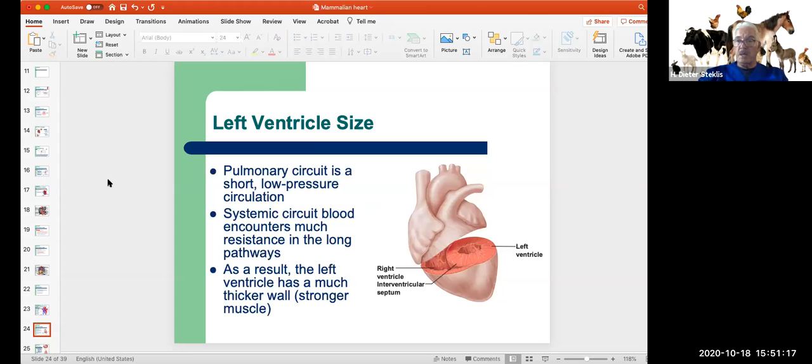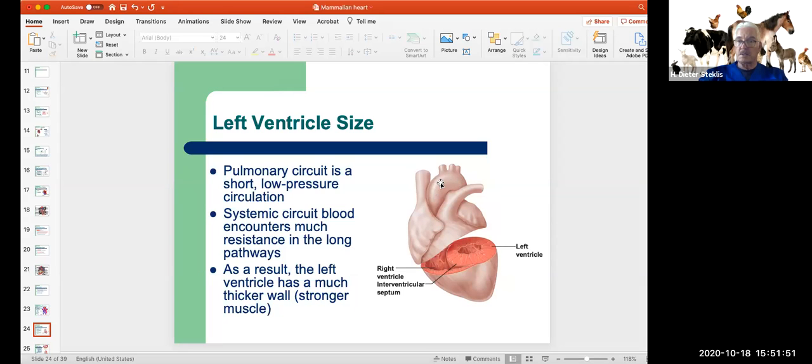One point we want to make, which might be obvious from what I've said, is that the heavy lifting of the heart muscle is done by the left ventricle. If you look at this slide, where it's cut through the right ventricle and the left ventricle, you can see how very much more muscular the left ventricle is. Because what does the left ventricle have to do in a mammalian circulatory system? It's got to push blood all the way out through the dorsal aorta, throughout the whole system.